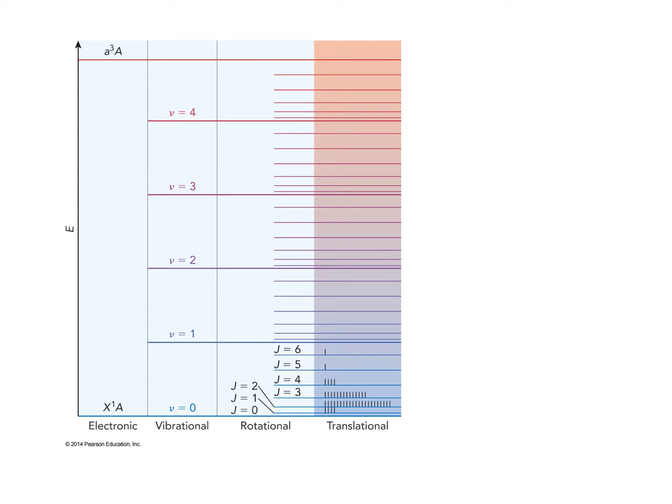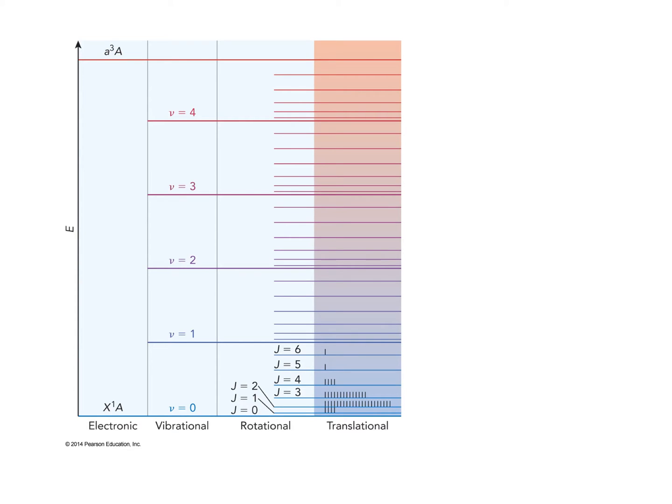Let's look at the energies required to excite each of these different motions. This is most easily done by looking at an energy level diagram such as the one shown here. Let's start at the left-hand side of this diagram with electronic motion. Here we can see the highest occupied electronic state, or the ground state, and the first excited state.